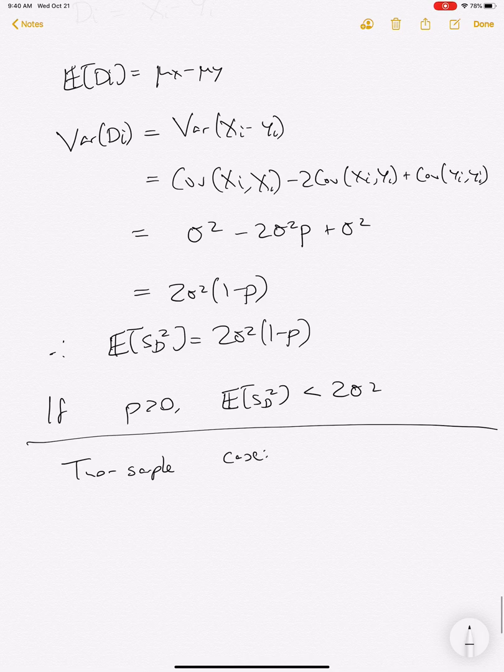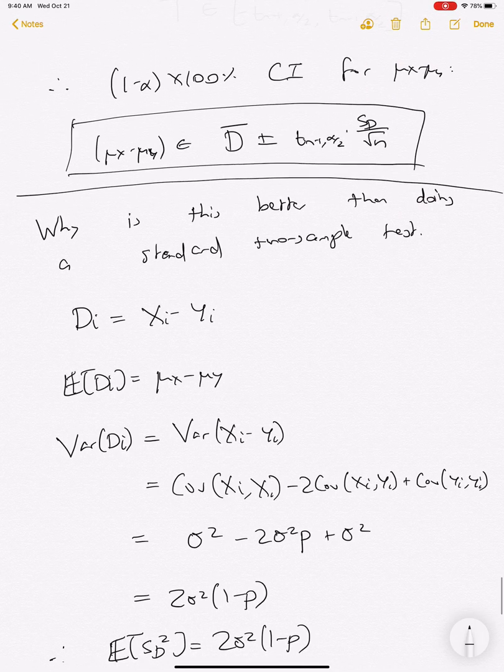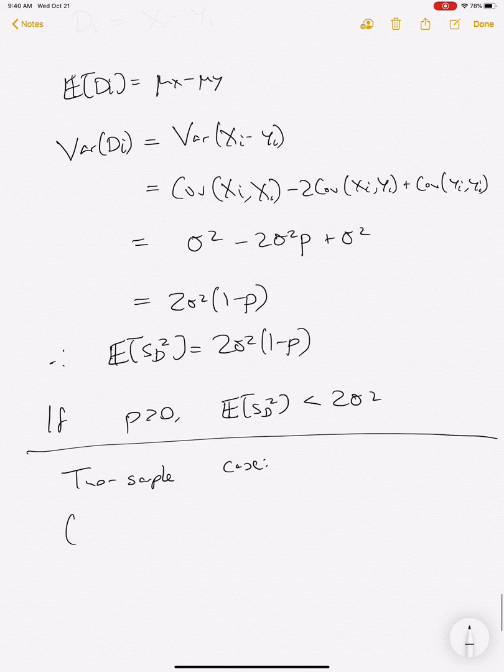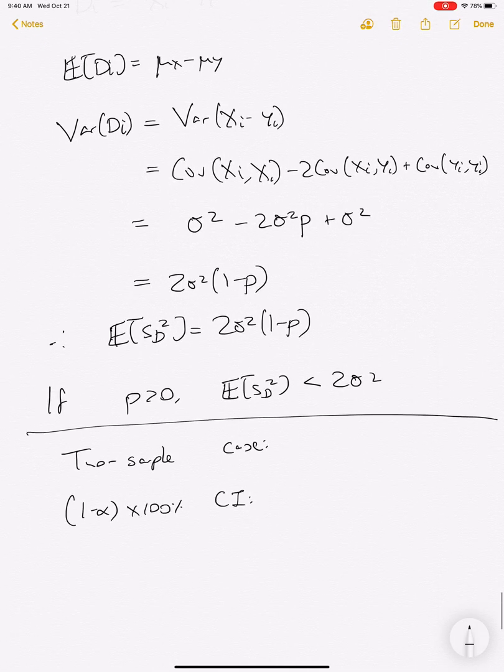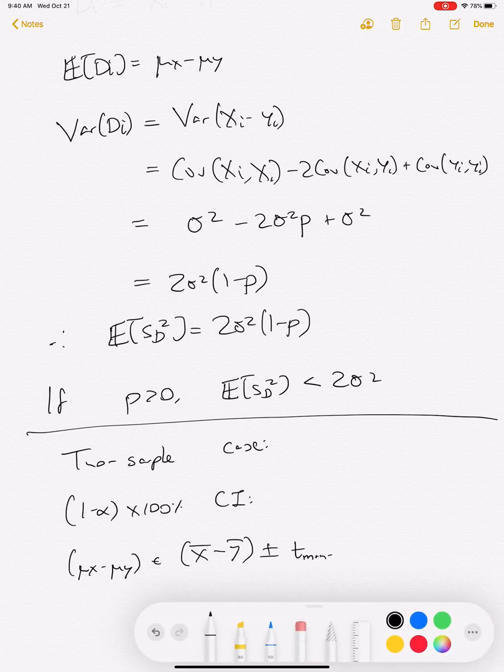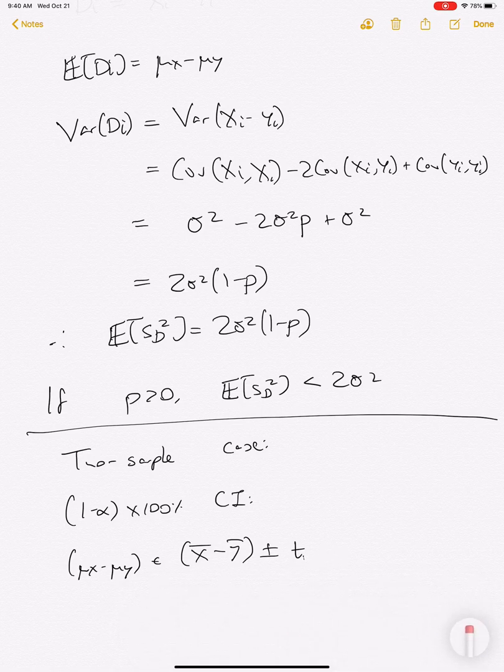In the two sample case, we have that our confidence intervals would be, so if we have 1 minus alpha times 100% confidence intervals, then we're going to have that mu x minus mu y is in x bar minus y bar, plus or minus t, and it's a little bit different because we have m equals n here.